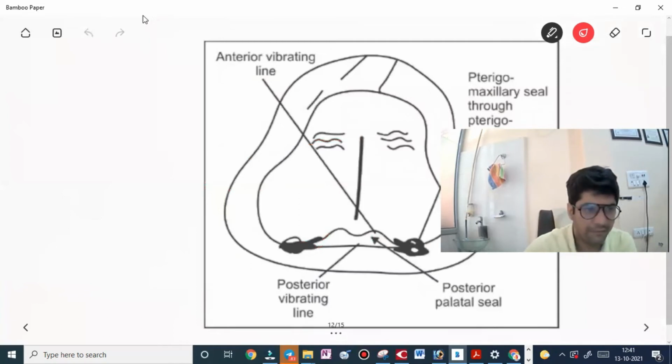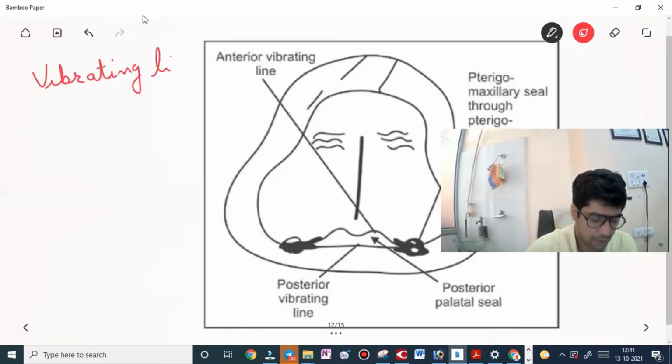Coming to the vibrating line. It is an imaginary line that runs across the posterior part of the palate. It marks the division between the movable and immovable tissue of the soft palate.